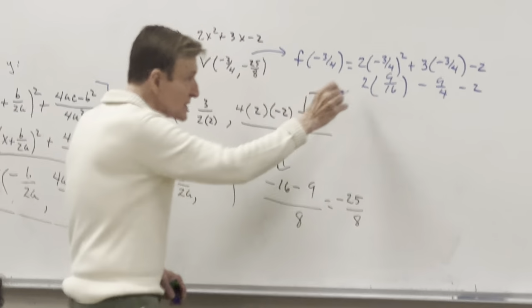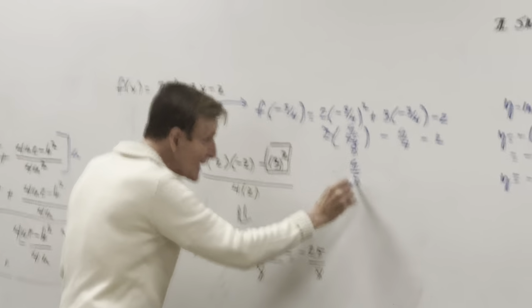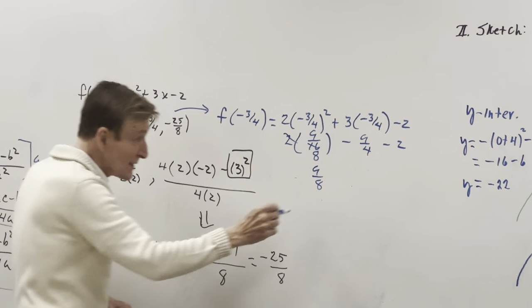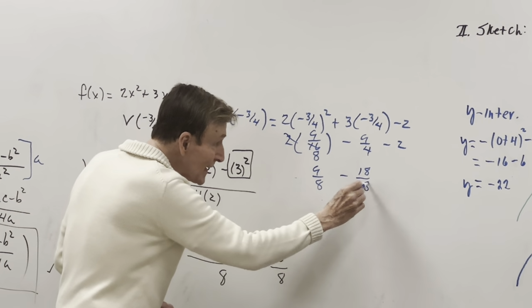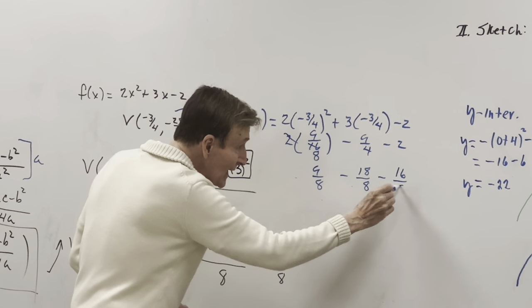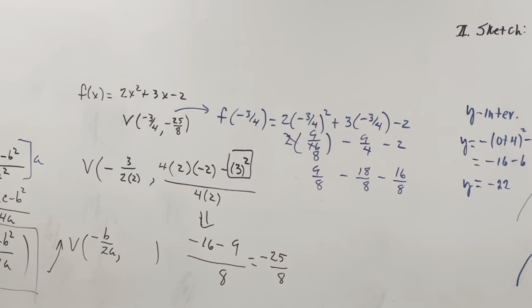Let's cancel that 2 and the 16 out front, make that an 8. So it's 9 over 8. We're going to express everything over 8, a common denominator. 9 over 8, subtract, let's write this as 18 over 8. And maybe write this as 16 over 8. Is that right? Yeah. Would that give me altogether negative 25 over 8?